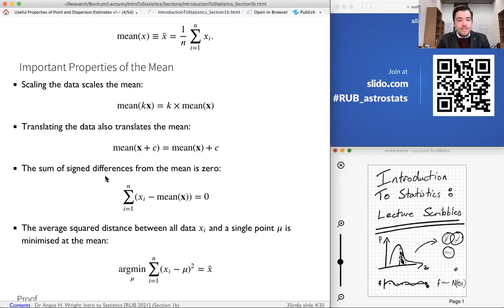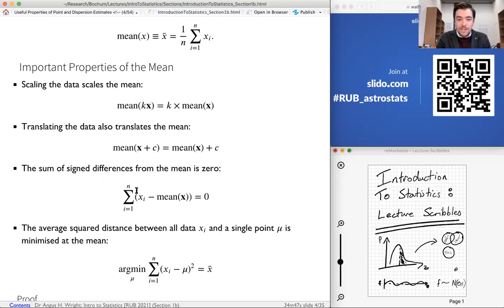The sum of the signed differences from the mean is 0. This is an important one. You'll remember that when we discussed our first set of dispersion statistics, we looked at the signed difference, or rather the not-absolute deviation from a particular point.